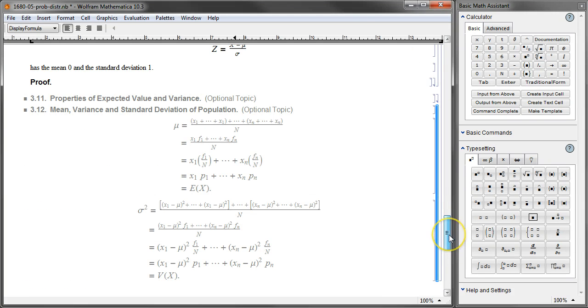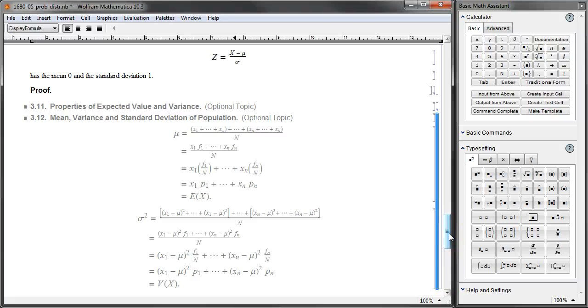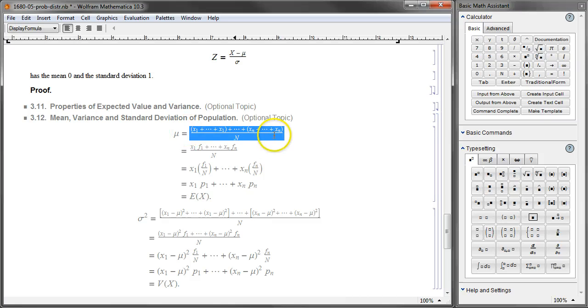Another topic here: what is the relationship between the expected value of this probability and the mean of the population? Well, okay, here's one way to see it. The mean of the population is this: add up all those possible values, divided by the total capital N. But then again, there have to be some repetitions, and take those out, and then you can consider the first parenthesis as x1 times f1, where f1 is the frequency, and the next frequency, and so on.